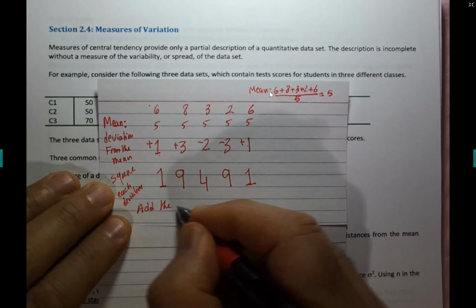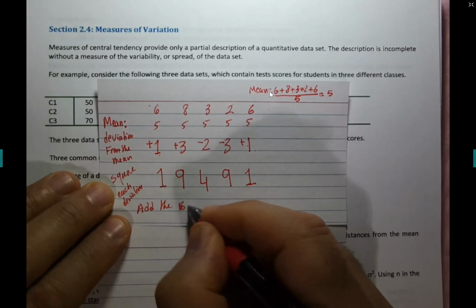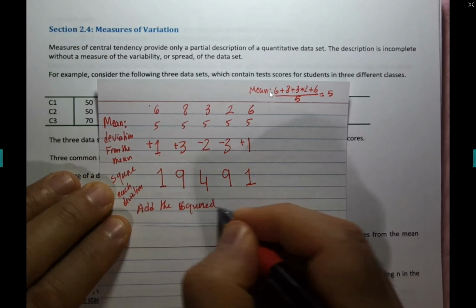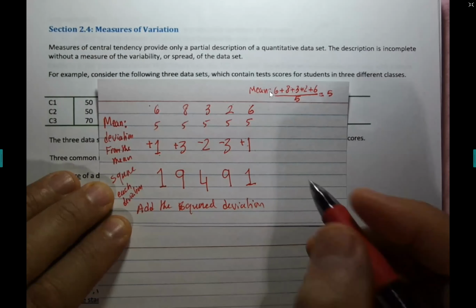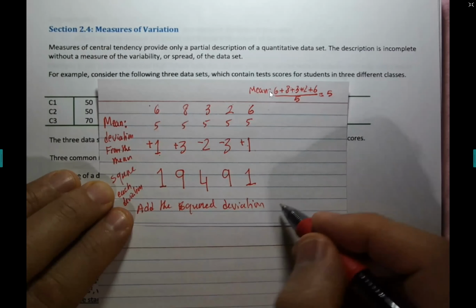Add the squared deviations. I'm trying to find the standard deviation, and then later we'll use the calculator to find it, guys. So add the squared deviations.